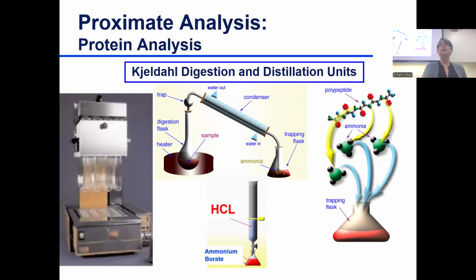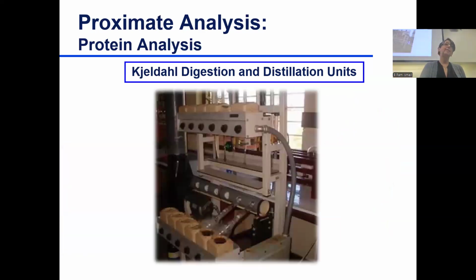Okay, any questions? This is the unit I used when I was a graduate student. It's terrible. It's very old, but does the trick. It's digestion and distillation at the same time. So you digest using those big round flasks, and then you have an exhaust system that sometimes does not work.